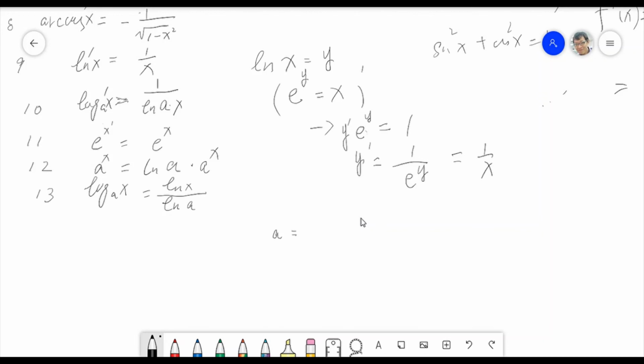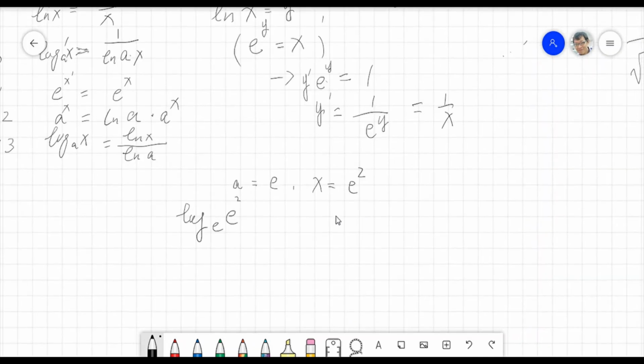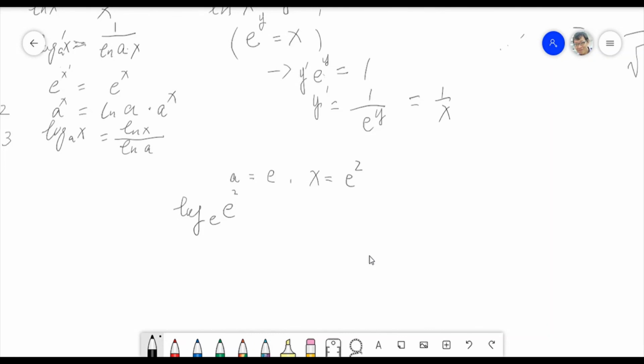If a equals e and x equals e squared, then log base e of e squared equals what? Let's give an example.